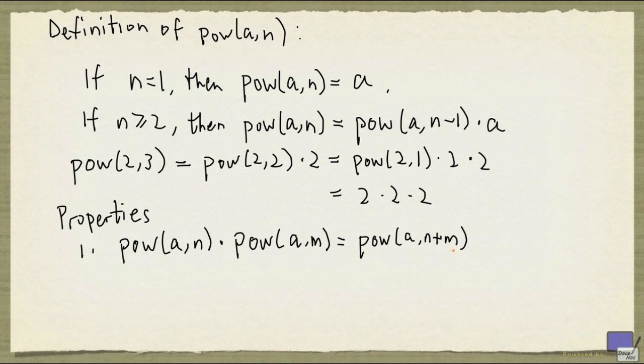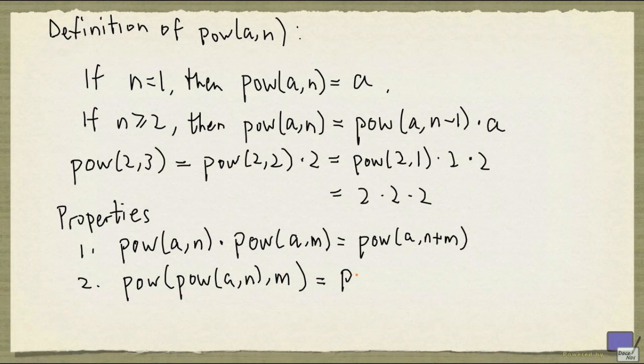This actually requires proof, but if you look at POW a, n plus 1, so when m is 1, this definitely is true. And then you can proceed by induction, a proof that is commonly used to prove things like this. The second property is, if you take a to the power of n, and then take that to the power of m, it's the same as taking a to the power of n times m.